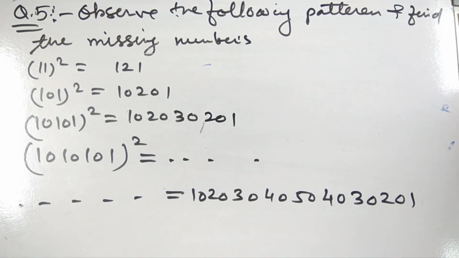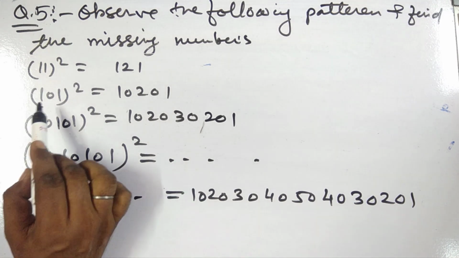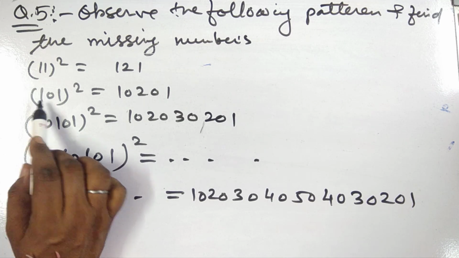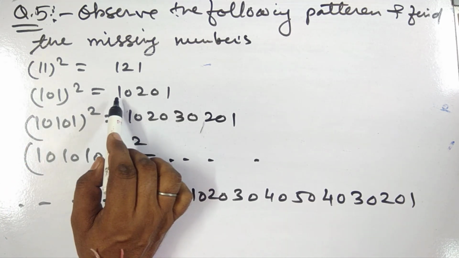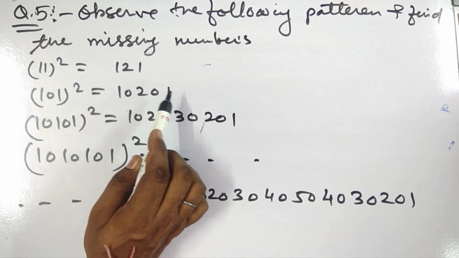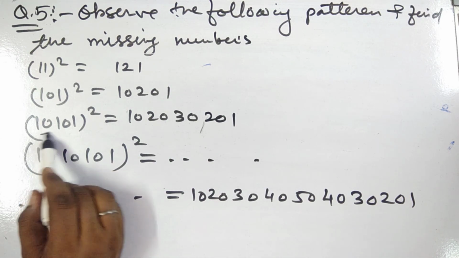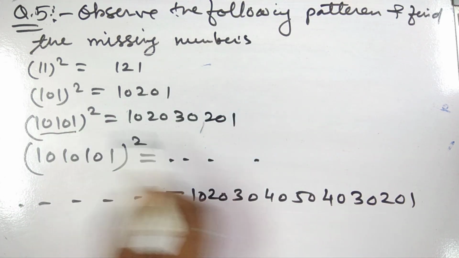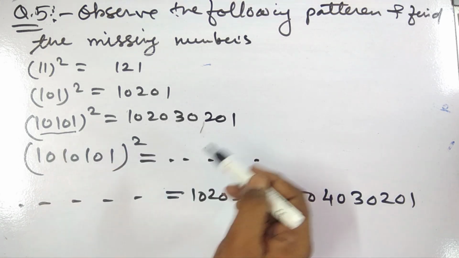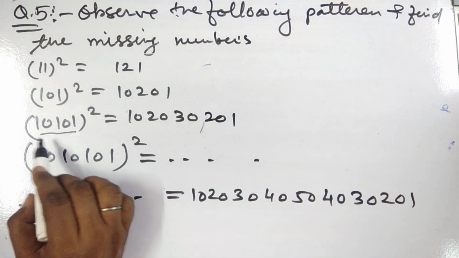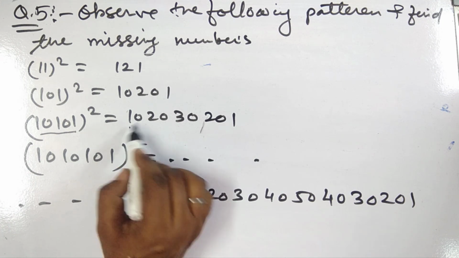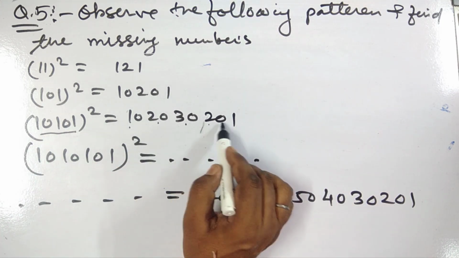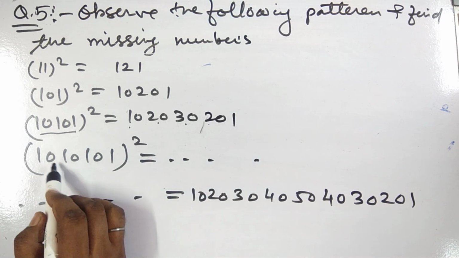So observe the given pattern, students. In between 1 and 1, 0 is given, and 1 plus 1 is 2, then 1 0 2 0 1. Where 3 times 1 is given, it means we have to move up to 3 0 in increasing order, then we will move in decreasing order: 1 0, 2 0, 3 0, then in decreasing order 2 0, 1 0, 1.